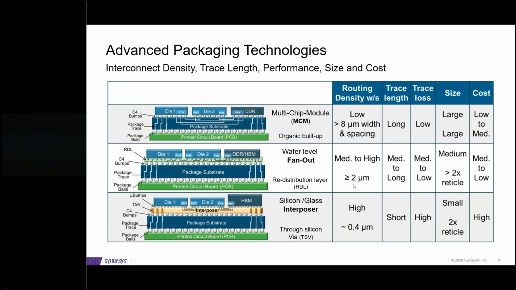It allows you to go as small as 2 micron width and spacing. That still allows reasonable distances between the die connections, but the price tends to be a little bit higher, and it has its own limitations. But it provides a medium solution that is not able to be provided by the MCM world.